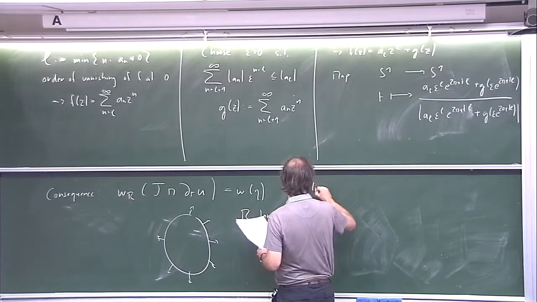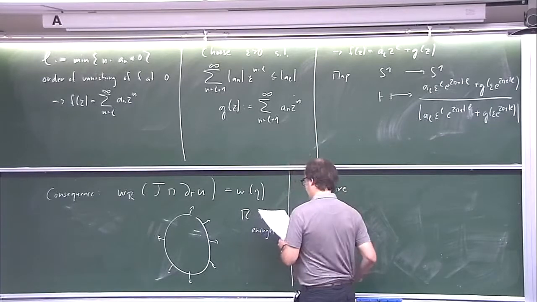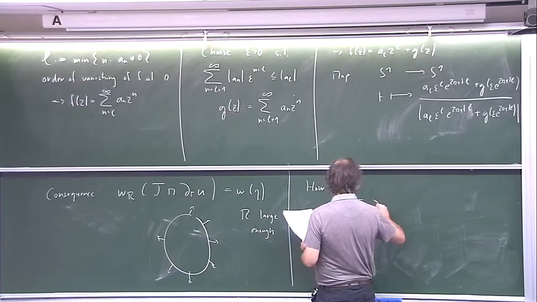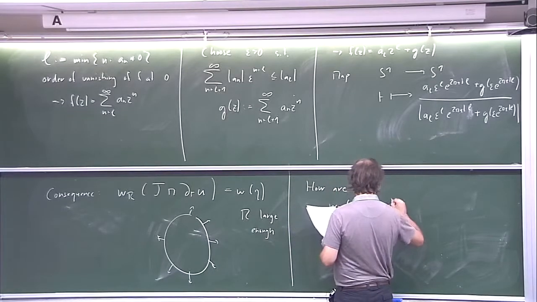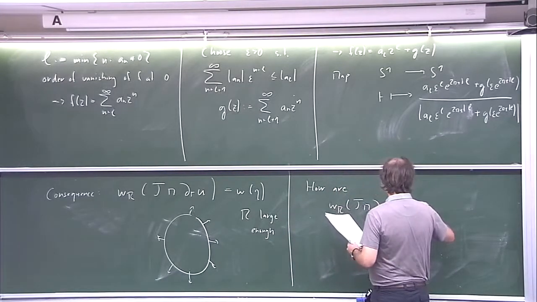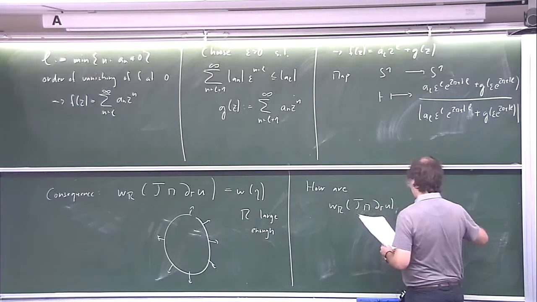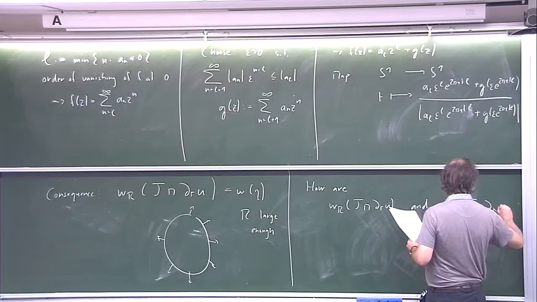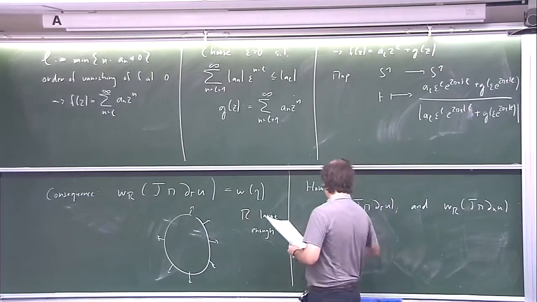So how are WR of tau pi dru and WR of tau pi dxu related?